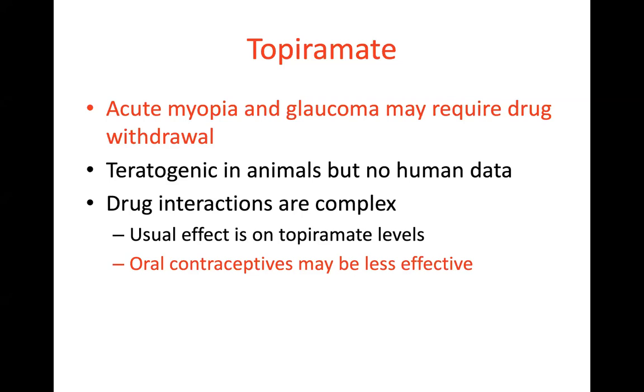It does have some interesting drug interactions, but typically most of the drug interactions result in the topiramate being less effective. There is one you need to be aware of: topiramate can make oral contraceptives less effective. So it's often recommended that individuals use alternative forms of birth control.